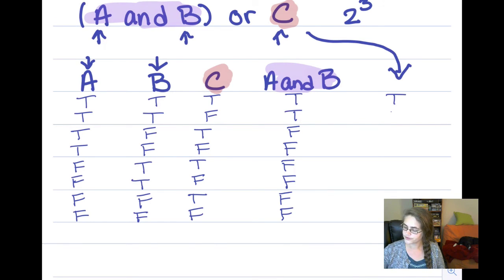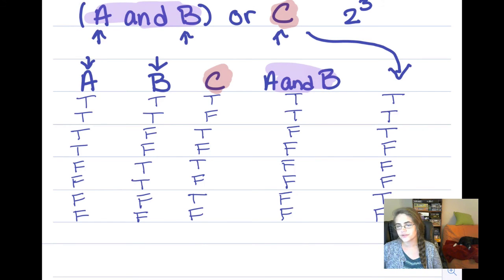And then false or true is true. True or false is true. False or false is false. Then we have true or false is true. False or false is false. True or false is true. And then false or false is false. So in this table we can make true 4 ways and false 4 ways. So it's half and half.